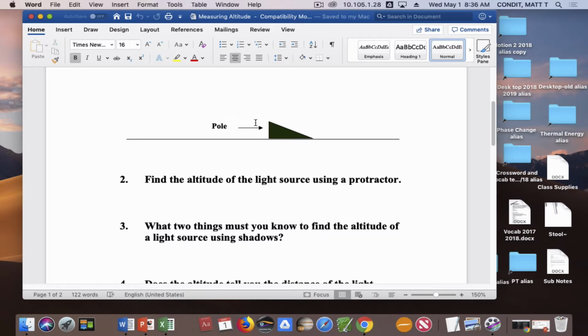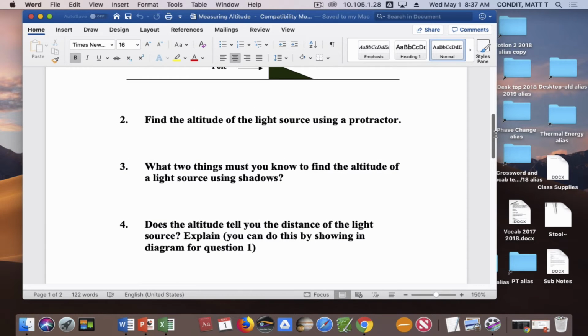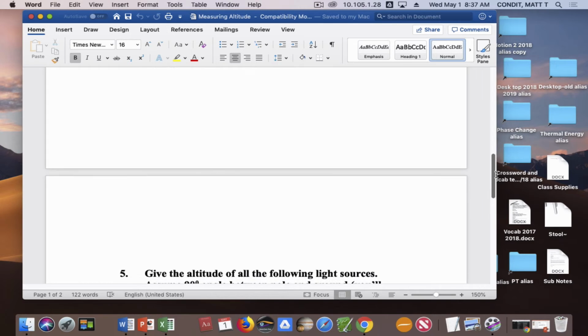This one's all drawn for you. The light would be out someplace, so you just need to put your protractor on that angle and you can find the altitude. Then you can answer questions 2, 3, and 4.